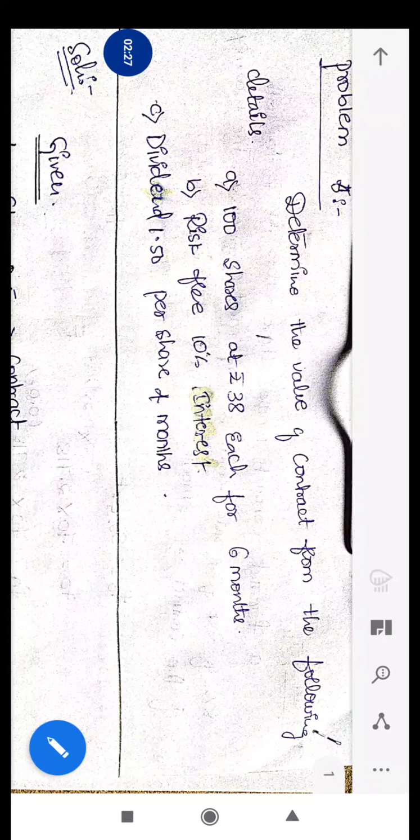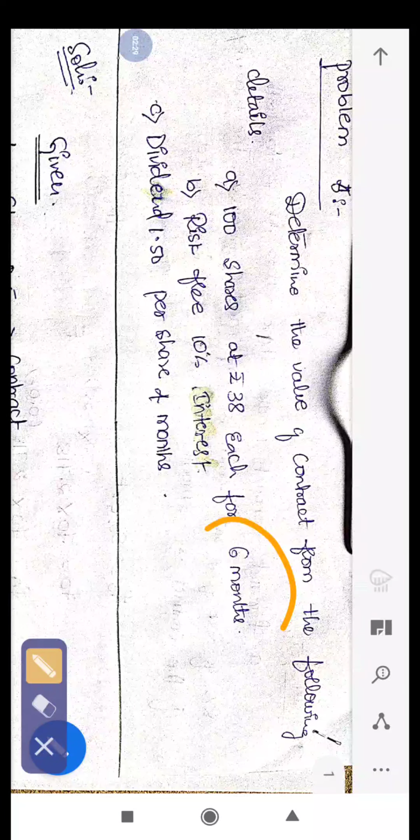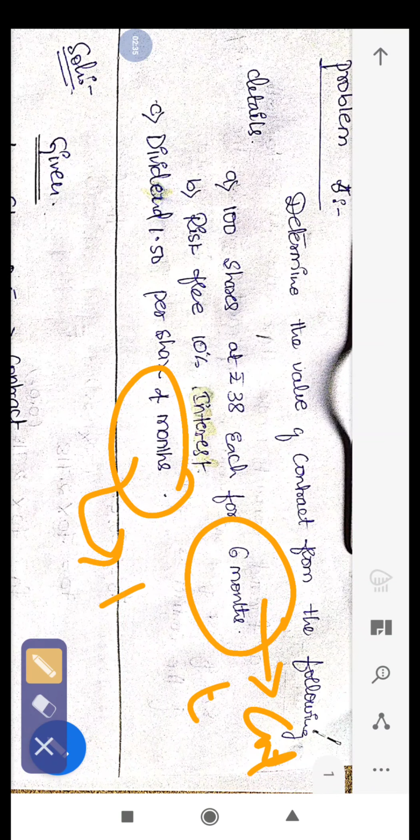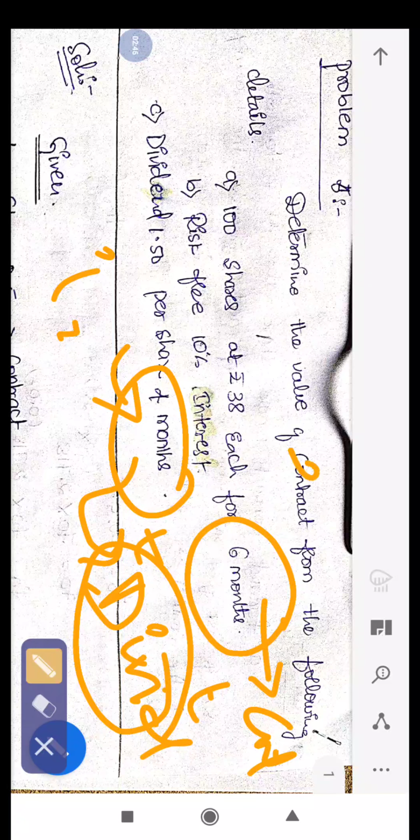Here you should not be confused that this 6 months is for the whole contract T, and this 4 months is for dividend payment. While calculating for dividend, that is for I, we have to use this one, and for calculating F0, the main formula, we use this one, that is 6 months.